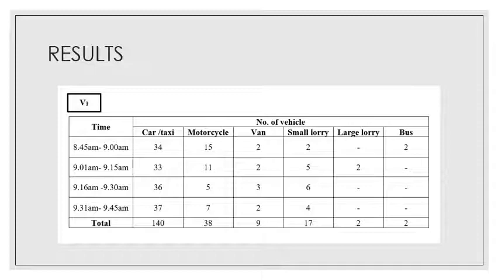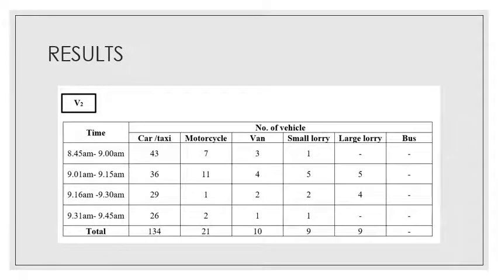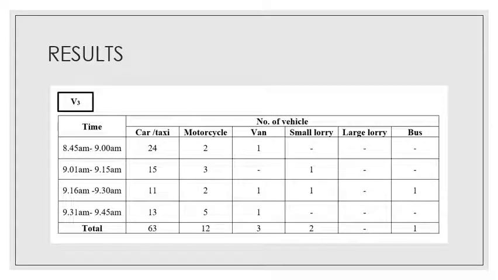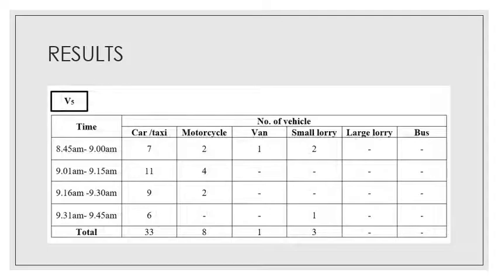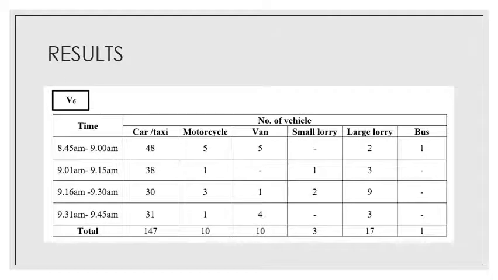You group every 15 minutes and put the value, and then you total up for 1 hour. For V1, you total up the number of vehicles including all classes, and likewise for V2, V3, V4, V5, and V6.